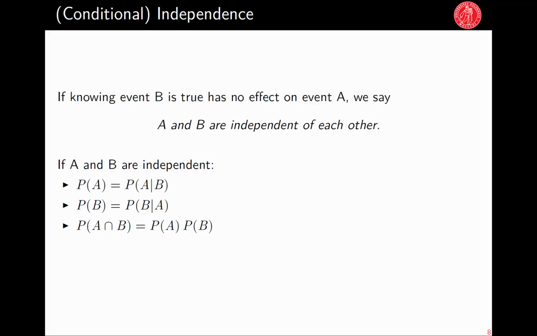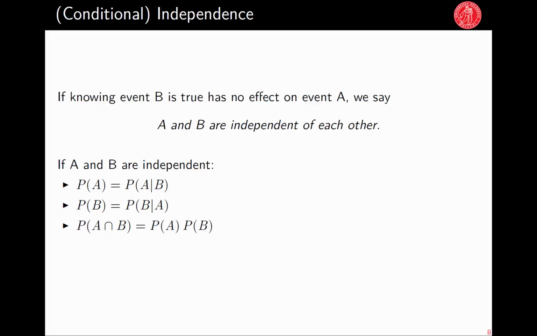So knowing that B is true has no effect on A. When that is the case, we call A and B independent of each other. For two independent events A and B, the probability of A equals the conditional probability of A given B, because B's truth value has no bearing on whether or not A comes true. The same goes the other direction.